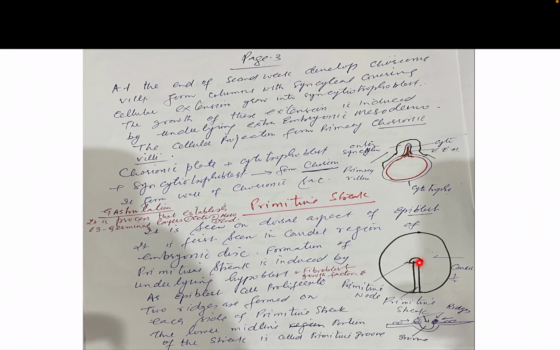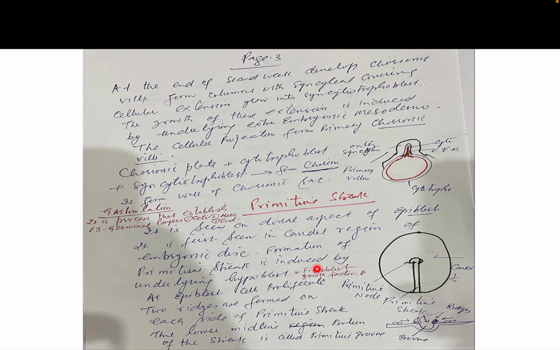This whole structure forms the primitive streak. It is seen on the dorsal aspect of the epiblast. It is first seen in the caudal region, as I told you; in the caudal half it appears. In the cranial half, it is not present. It is first seen in the caudal region of the embryonic disc.